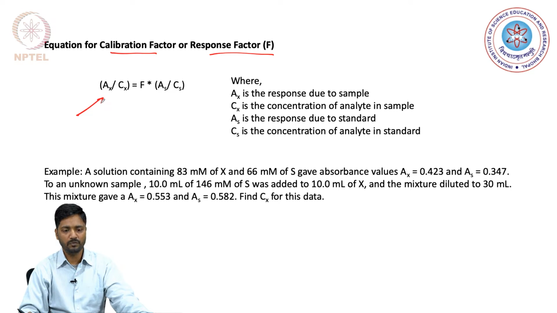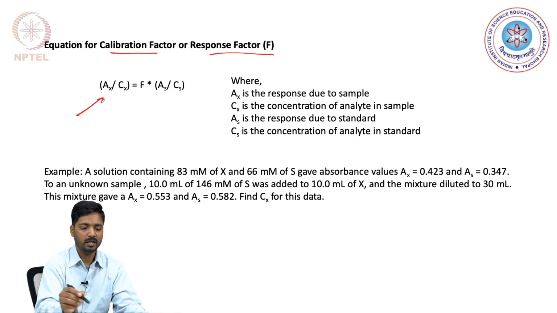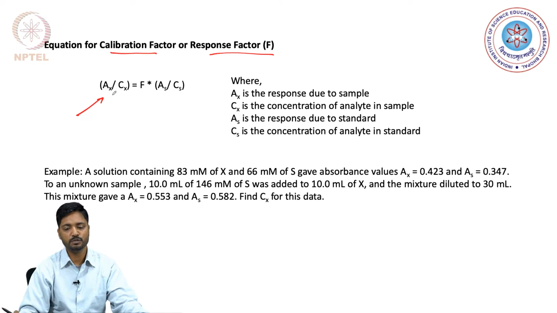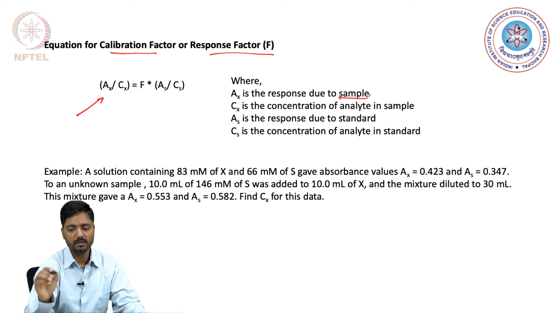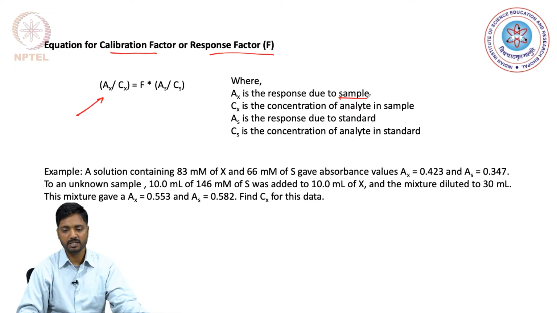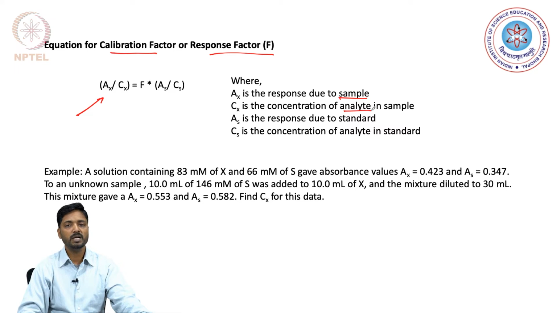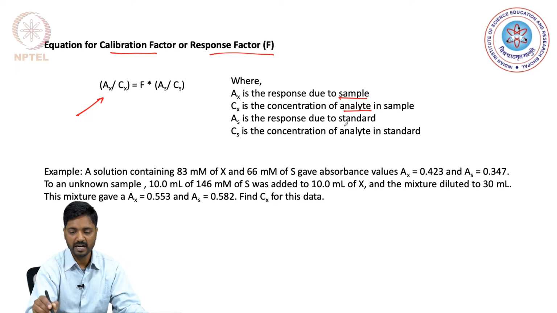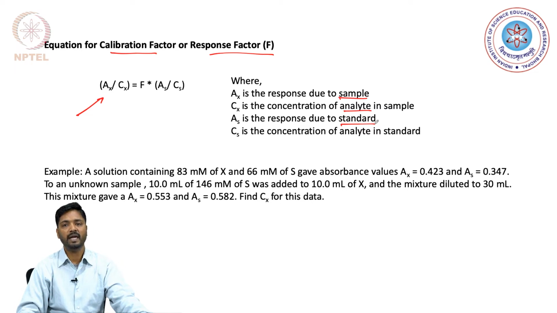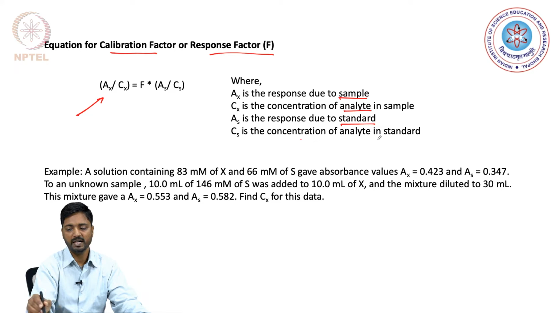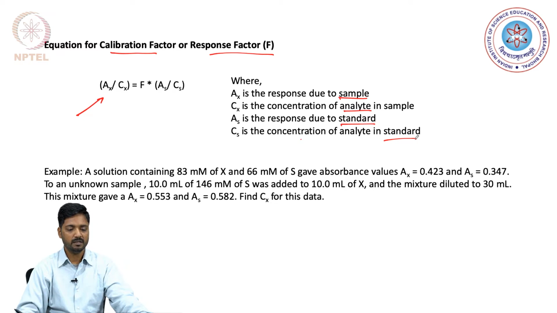So what we have is the Ax as the instrument response due to the sample, and Cx is the concentration of the analyte in the sample. Similarly, As, the subscript S, corresponds to the standard. So As is the response due to the standard, and Cs is the concentration of analyte in the standard.